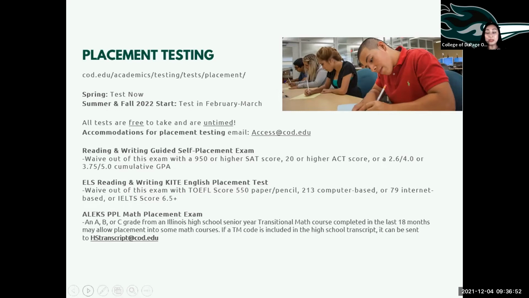The ALEKS Placement Test 2 is going to have the score that will be used for meeting with a counselor to determine what math level you could start with once you want to start registering for classes at COD. The highest college level math that you can be placed into with the ALEKS exam is Calculus 1.